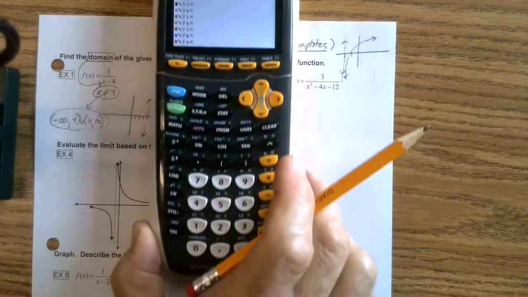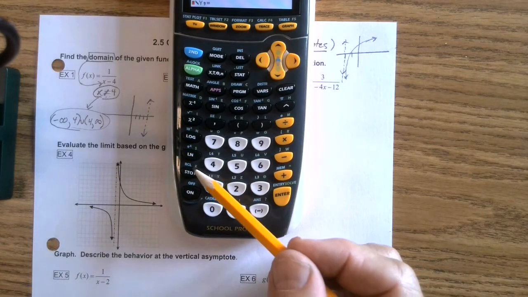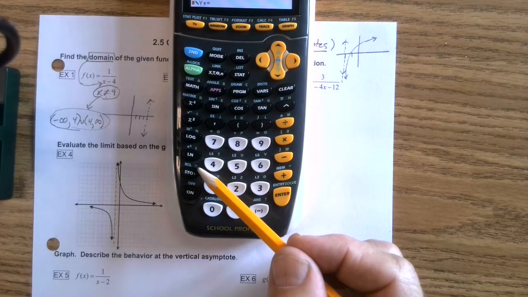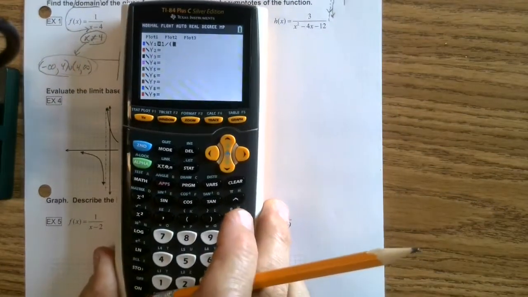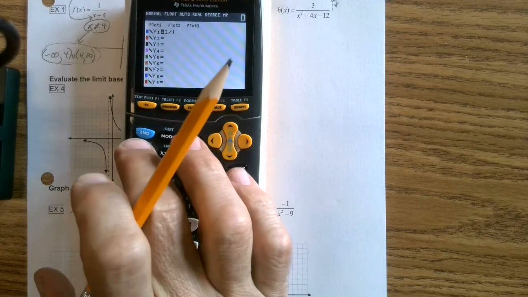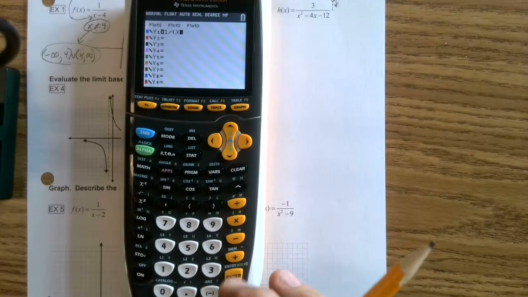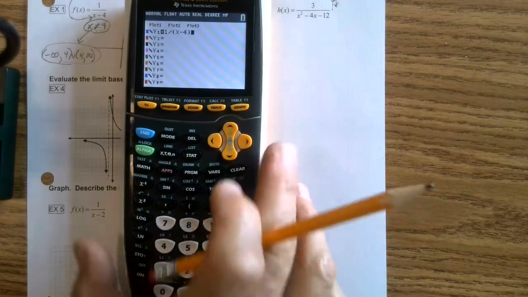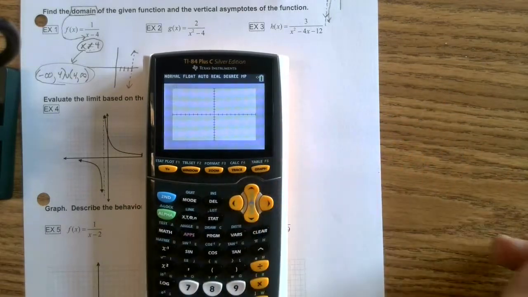I don't know if you can see this, but there's a little yellowish green X above this button. I have to hit the green button, and then this, and that types in my x, and then I'm going to go minus 4, and then end parentheses.